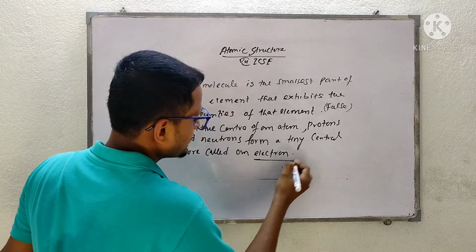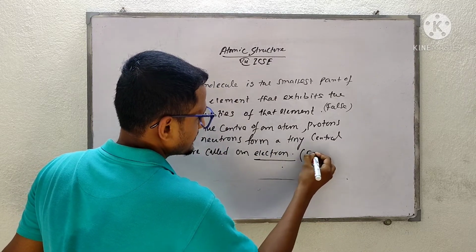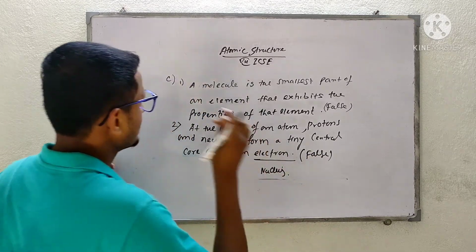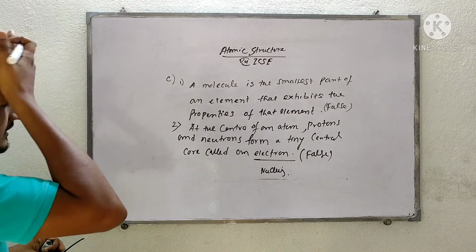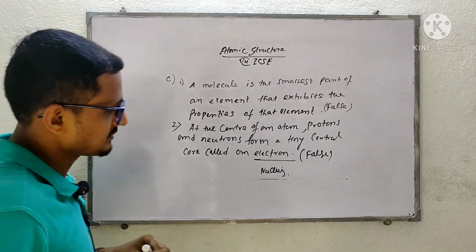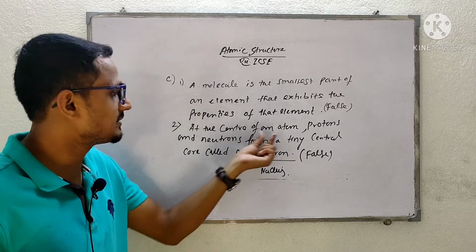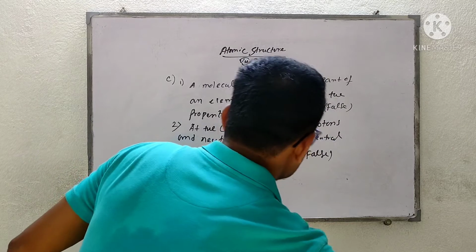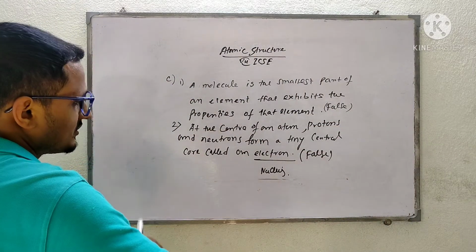This statement is wrong because it will be nucleus. It is false. Understood? It will be nucleus because the central portion where the protons are is called the nucleus. So it will not be electron, it will be nucleus.